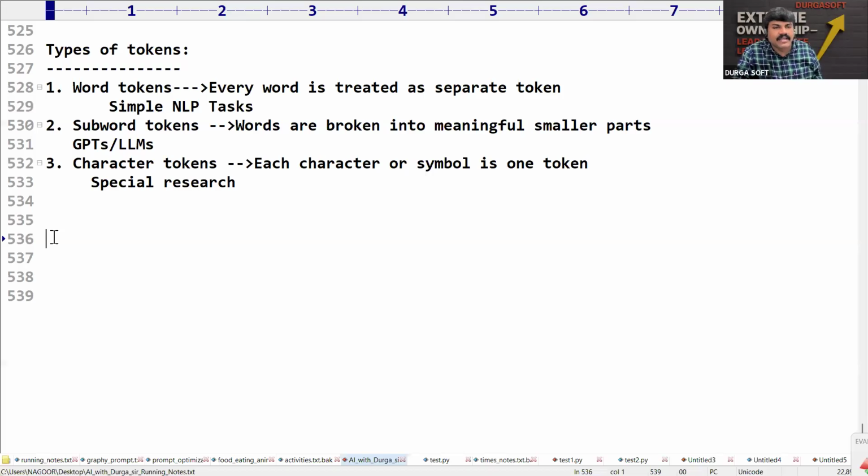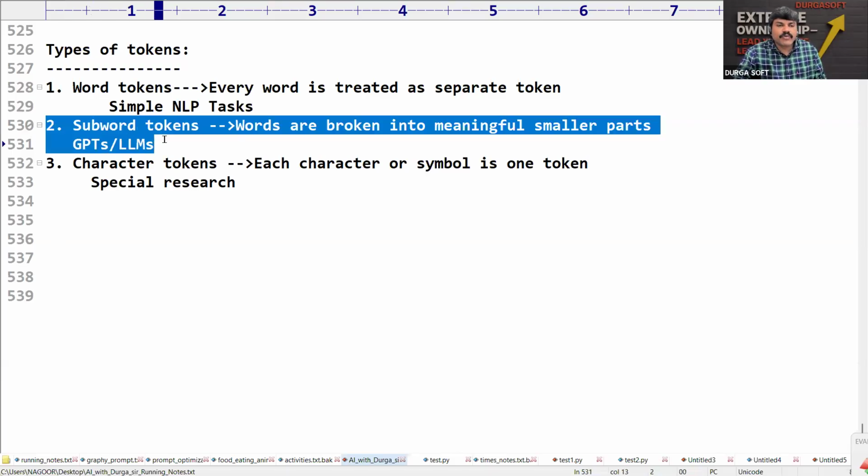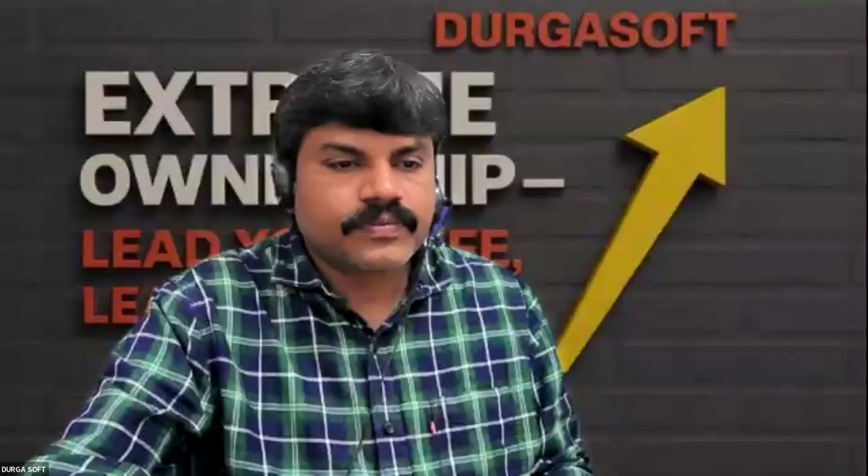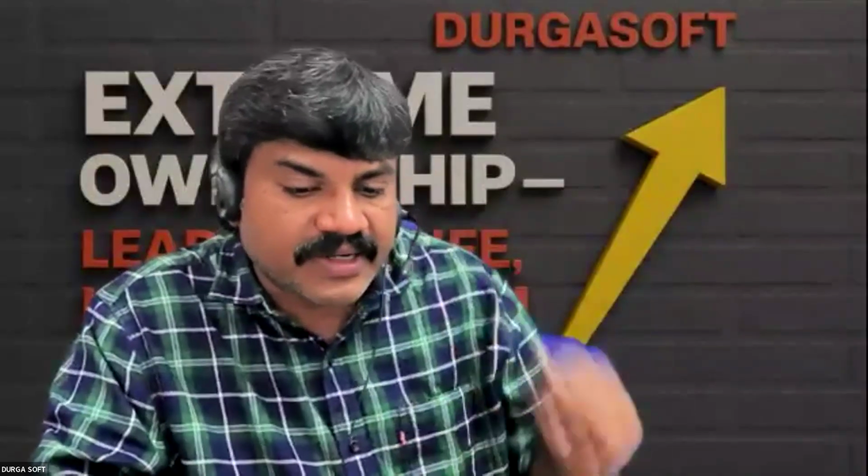Just for your idea, I'm telling this point. But one good learning from this is that every word is not treated as a token. We are following subword tokens. You should get that idea. Are you getting it? Yes, sir. So this is what you should be clearly aware of about the types of tokens.